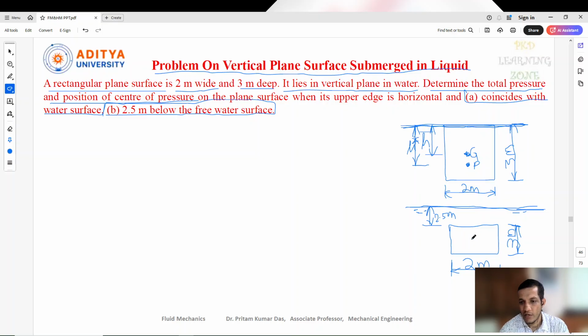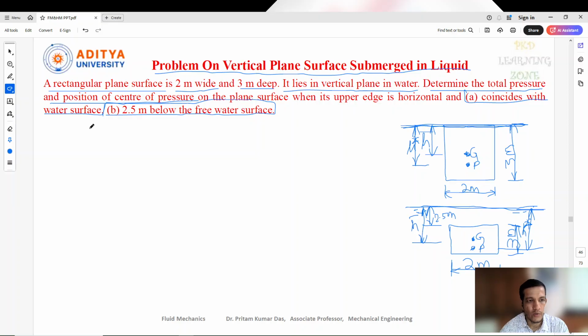Similarly here also we get a G point and a P point, with H bar as the total height from the free surface to the center of gravity point, and H star to the P point. So this is the indication of these two diagrams, and now we need to calculate.